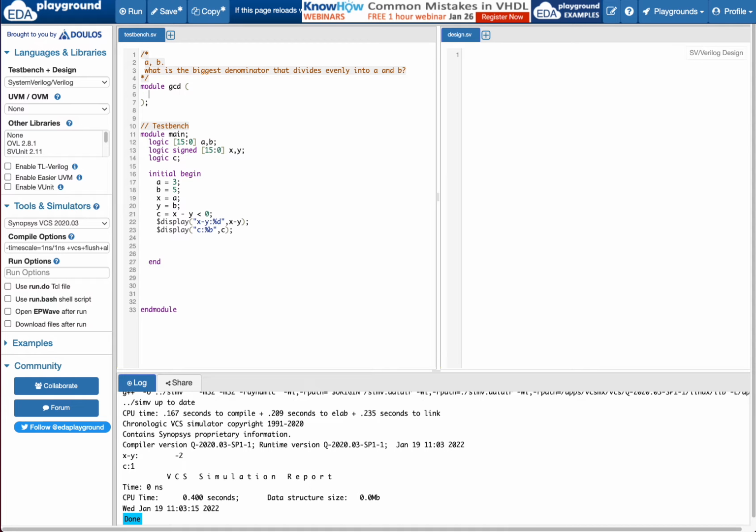And the reason why I don't want to parameterize this is because if you have a lot more than 15 or 16 bits, then it might take a super duper long time.